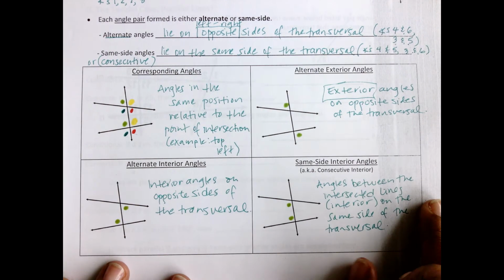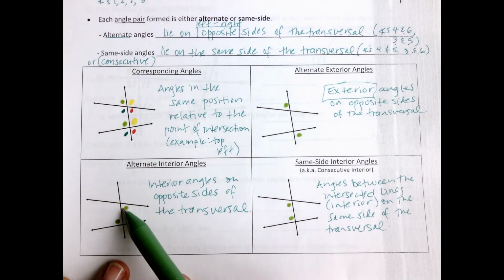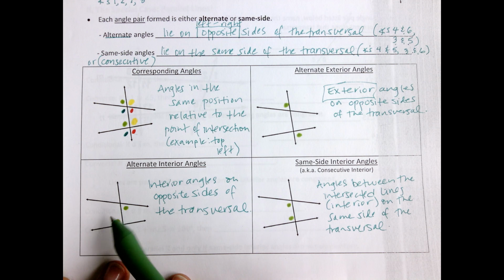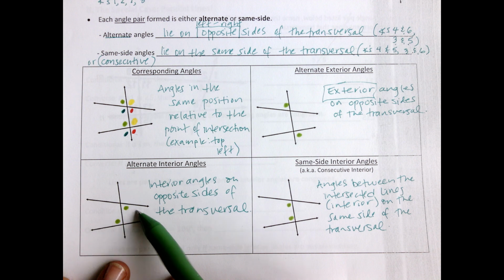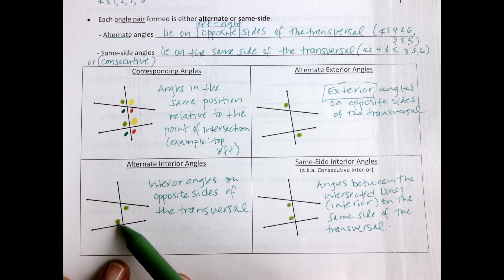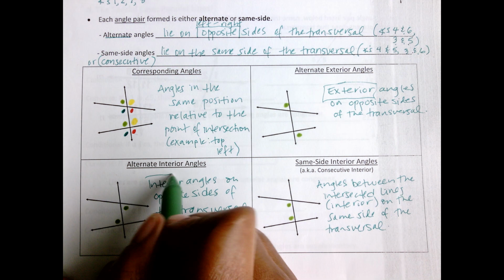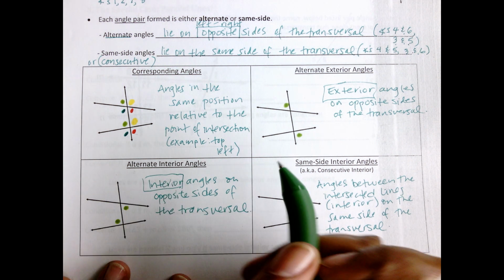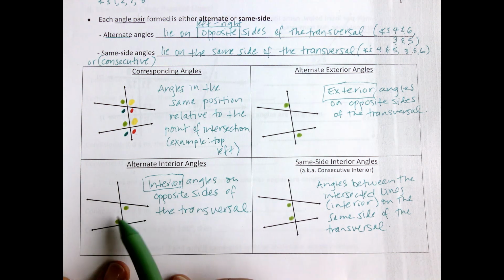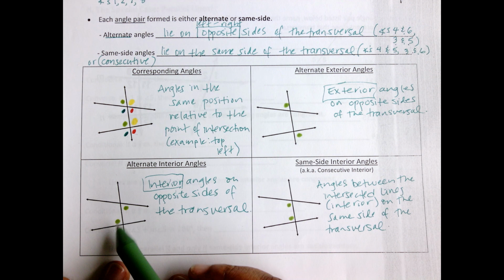Alternate interior. They fall in between the intersected lines, so this space here is considered the interior. One is to the right of the transversal, one is to the left of the transversal. So alternate interior angles are angles on opposite sides of the transversal, and they fall inside.